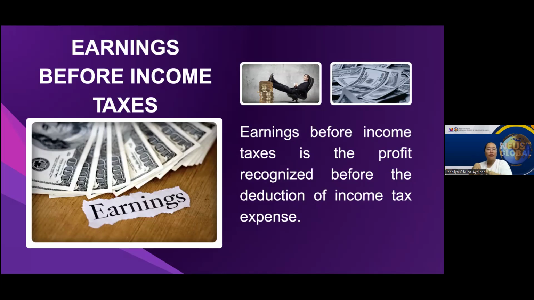Sales revenue, $40,000. Operating expenses, $25,000. Other expenses, $2,000. So earnings before income taxes is $40,000 less $25,000 less $2,000, which is equal to $13,000. This is the profit before the company calculates and deducts income taxes.